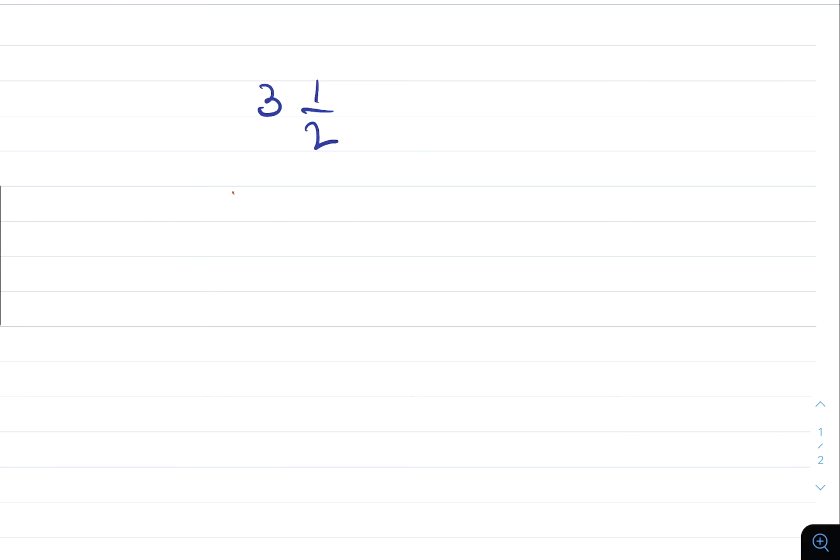So we would do 2 times 3, that equals 6. So let's see our next step. Then we are going to add this product to the numerator of the fraction. Well, 1 is my numerator, so 6 plus 1, that gives us 7.